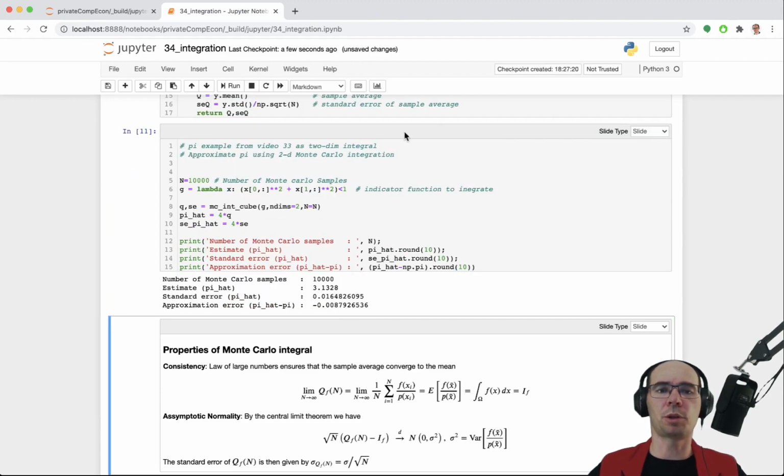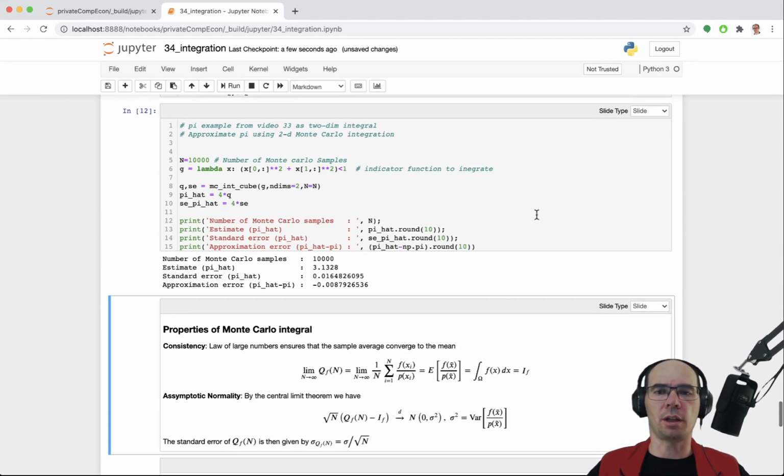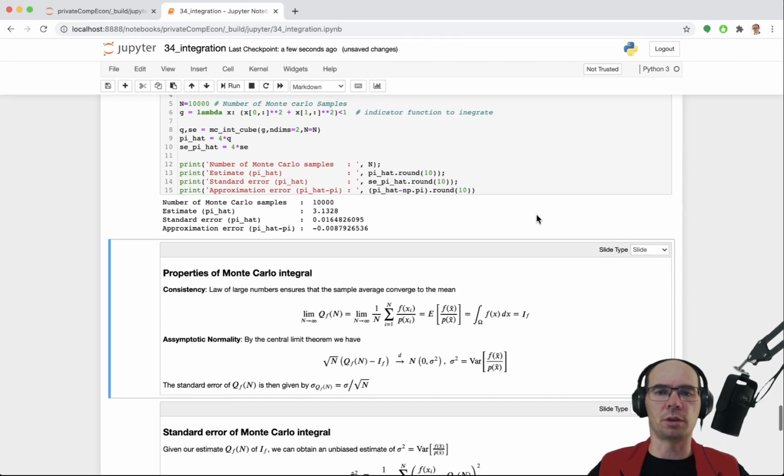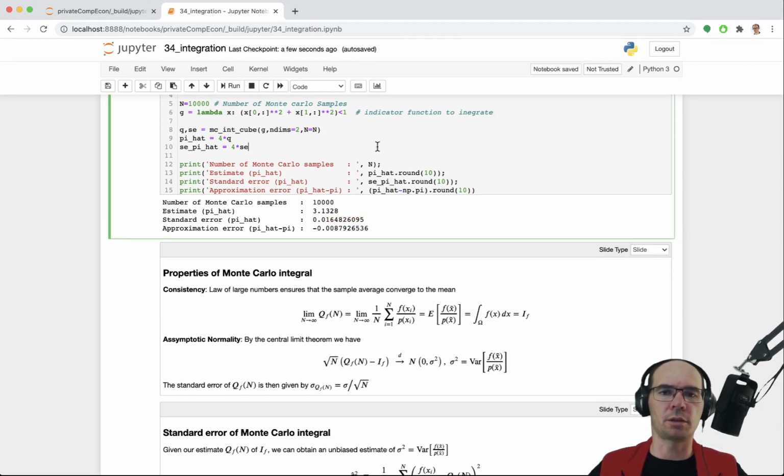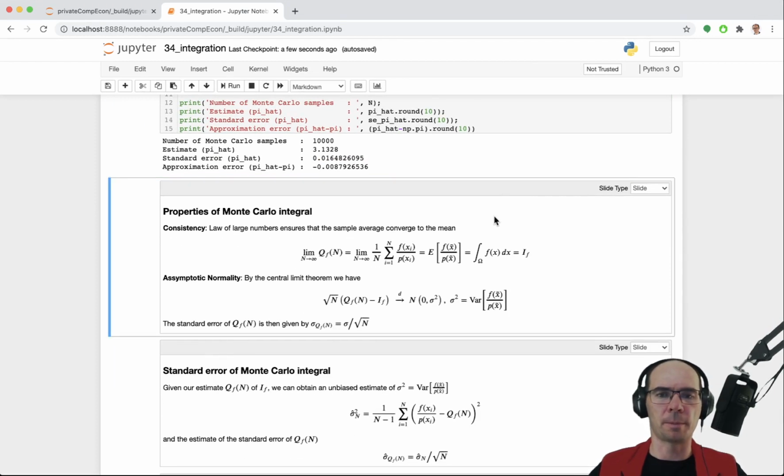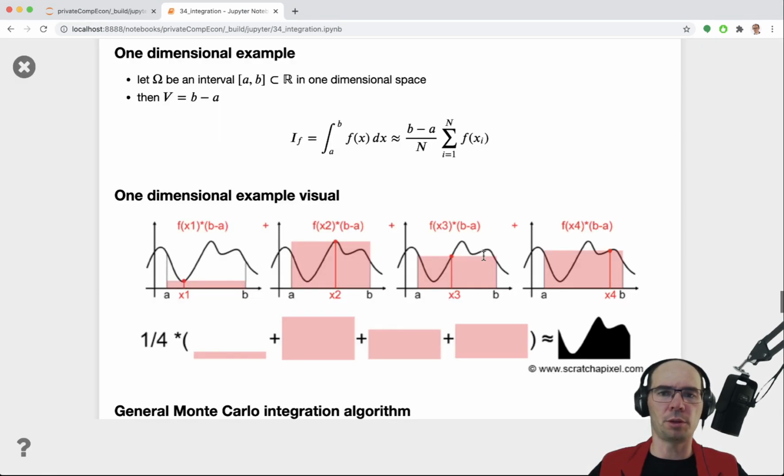And this is the problem with Monte Carlo. In order to produce an accurate answer, it requires a lot of draws, right? So the standard error here is not reducing too fast. Well, how do we know that?